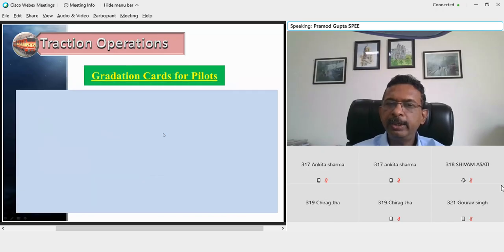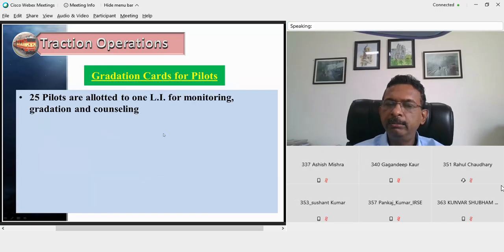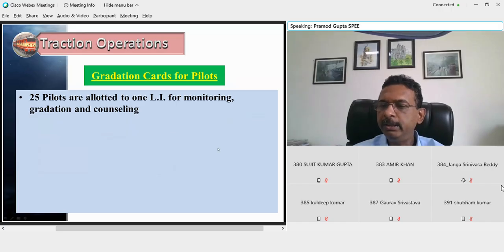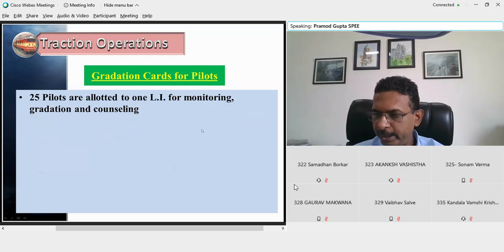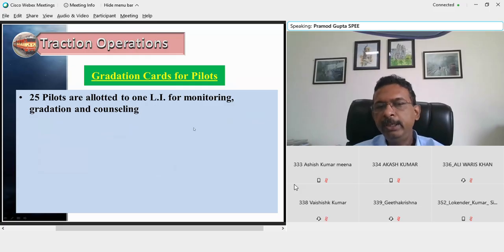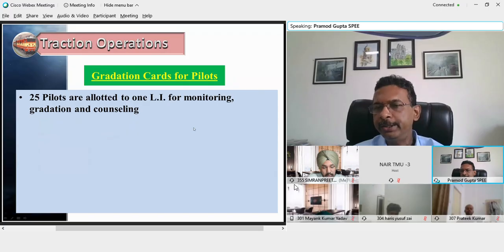The other important aspect that identifies the proper driving skills that a particular loco pilot has is the scheme of gradation card. We have cards of 3 different colors, and a particular color card is issued as per his performance.